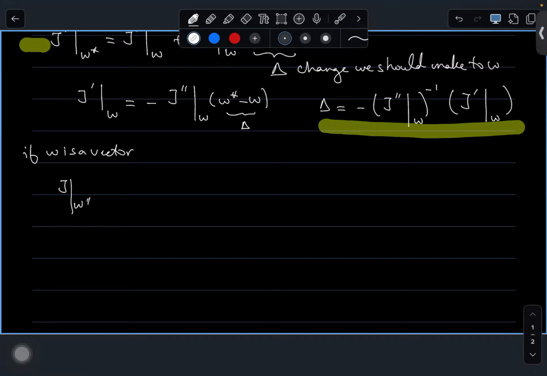So now I have J at W plus the first derivative with respect to W. This is going to be dJ dW, which is going to be a vector of size W. But I have to now multiply that by delta, which is W star minus W. And now in order for this to be a scalar, this has to be a transpose here.